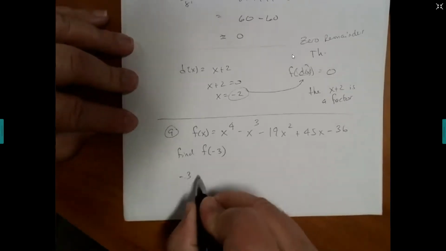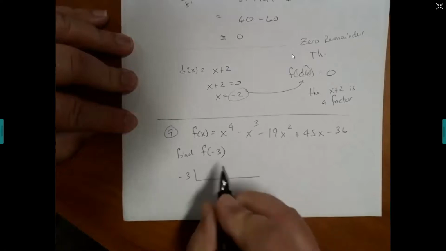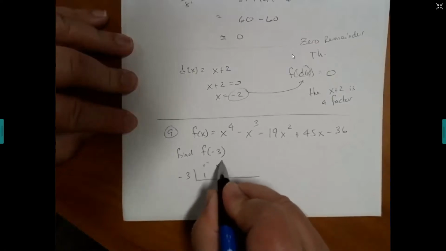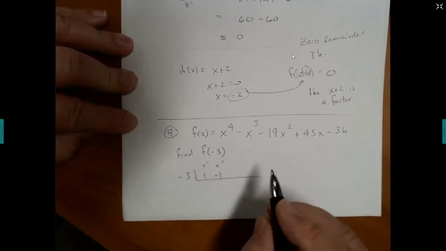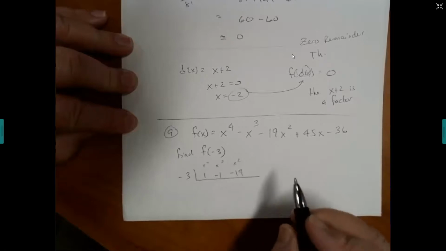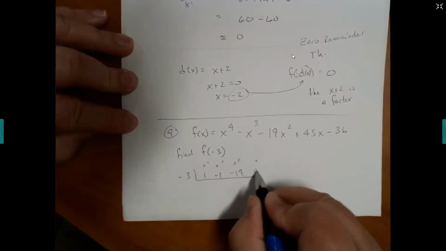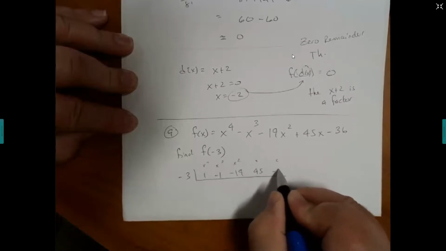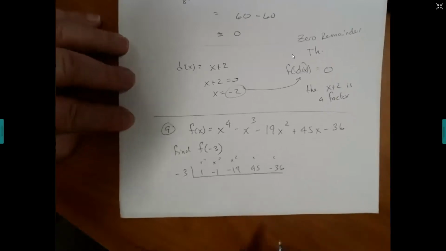So negative 3 is my d. X to the 4th is 1. X cubed is negative 1. X squared is negative 19. X is 45. And my constant is negative 36.